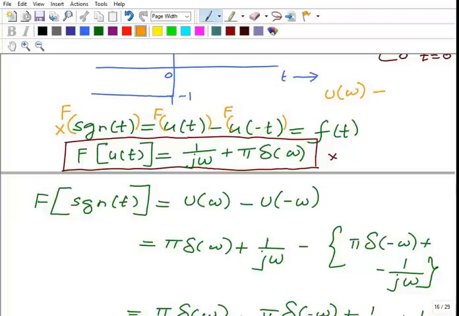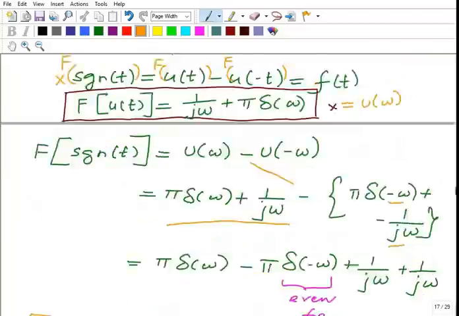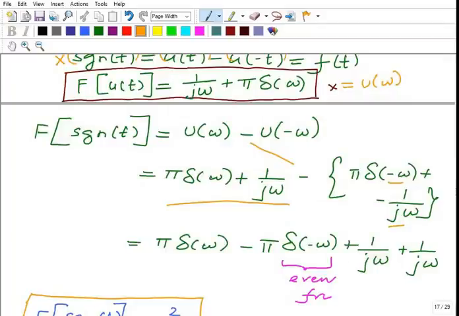See here, this is reversed, so in the frequency domain it is U of minus omega. I know U of omega is 1 by j omega plus pi delta omega. That I substitute here. Then there is a minus, then U of minus omega: wherever omega is there, I write minus omega. Is it clear?